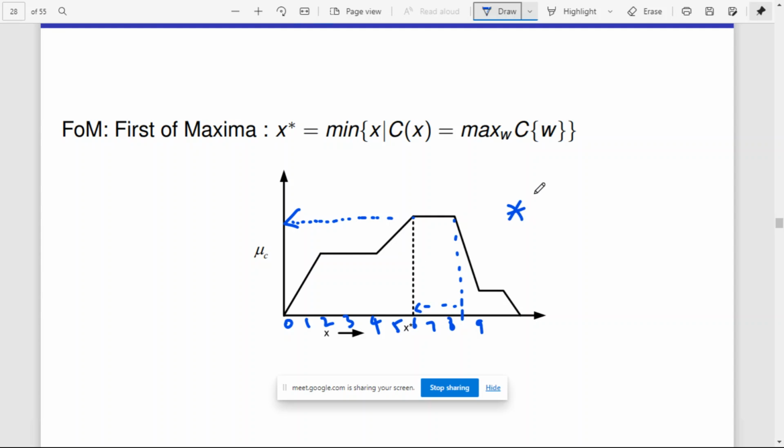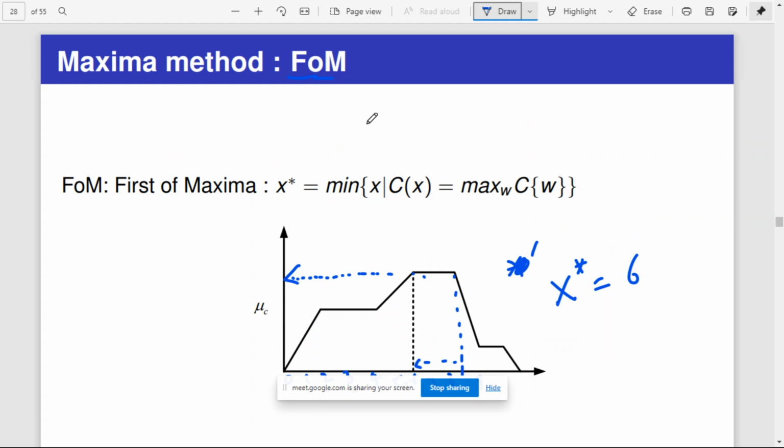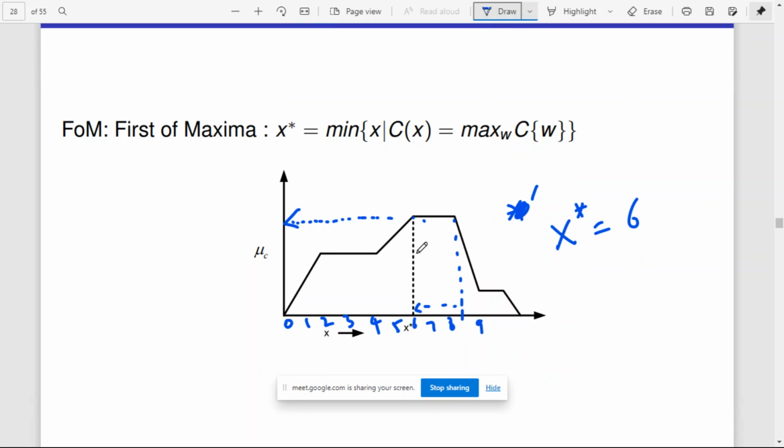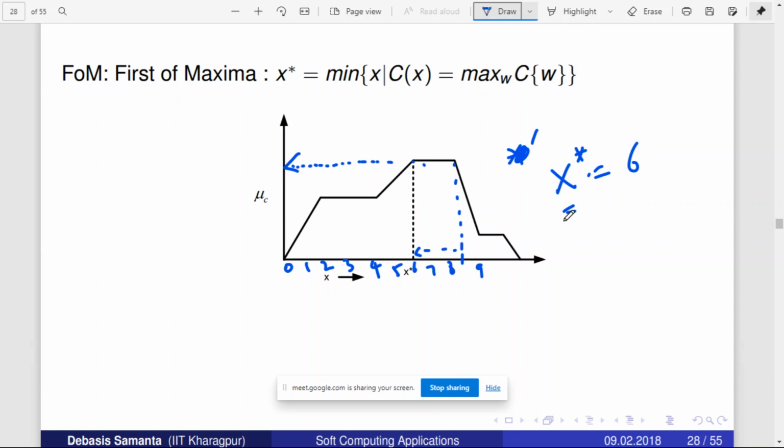So x star will be 6. Even though 6, 7, 8 all three give the highest membership value, we have to take the first one. That is what FOM, first of maxima, says. So the equivalent crisp value generated is 6.